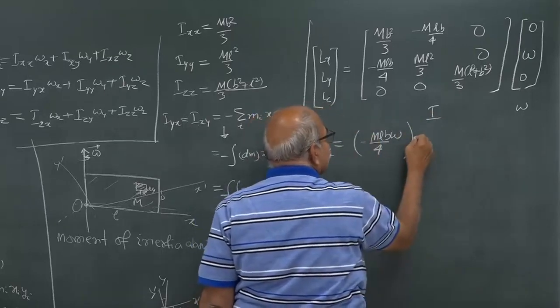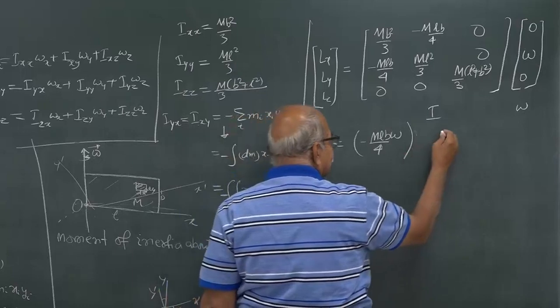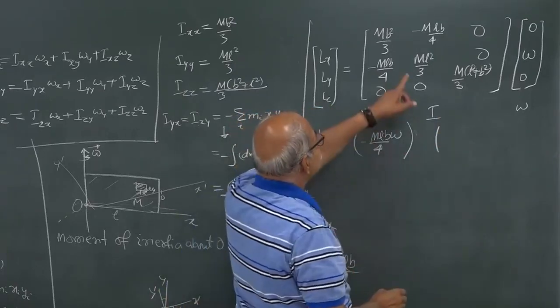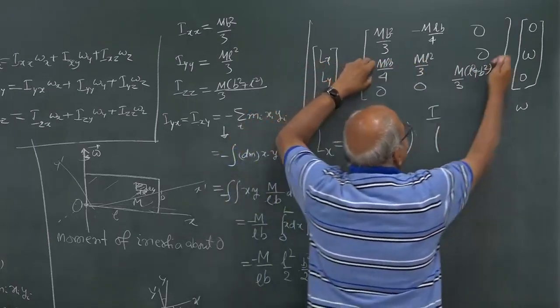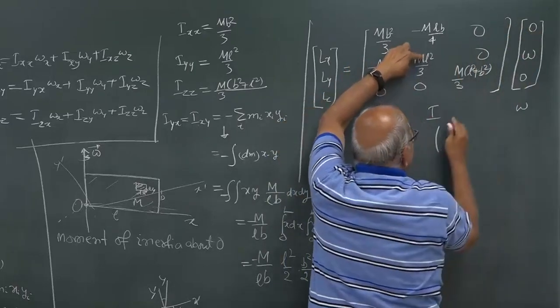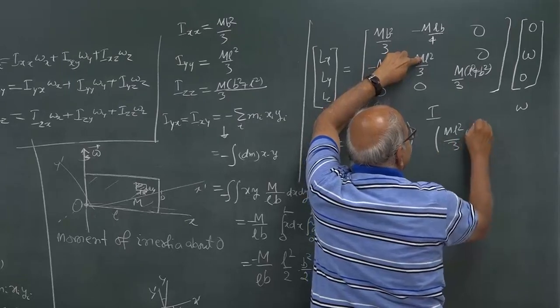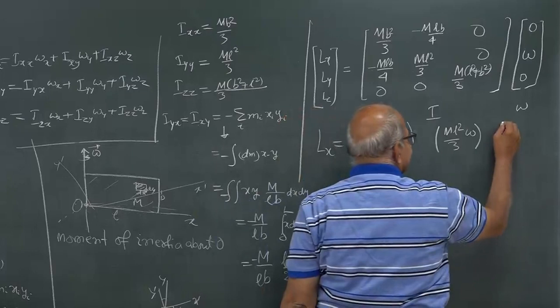So this is Lx. And then Ly is this row and this column: this into this 0, this into this, m L square by 3 omega, then this into this is 0.